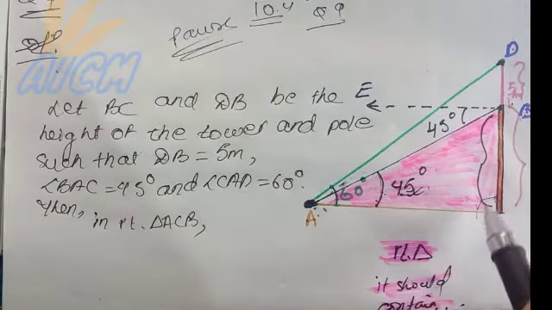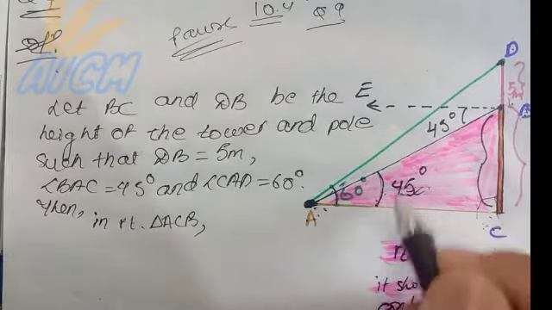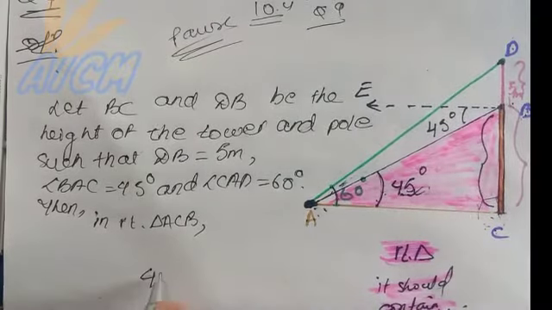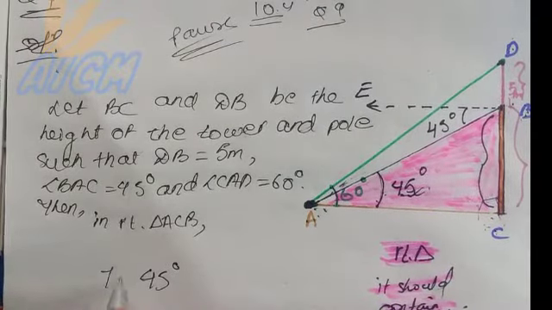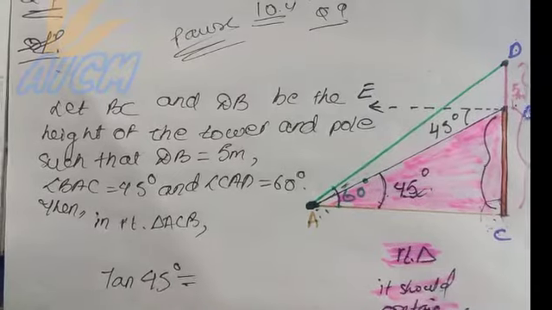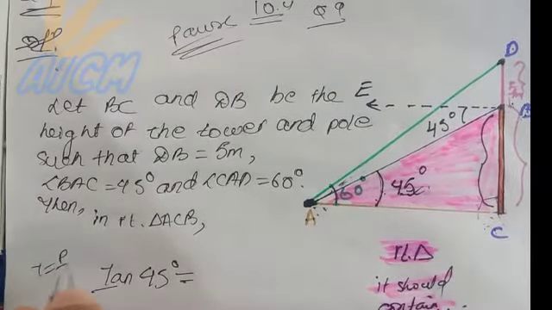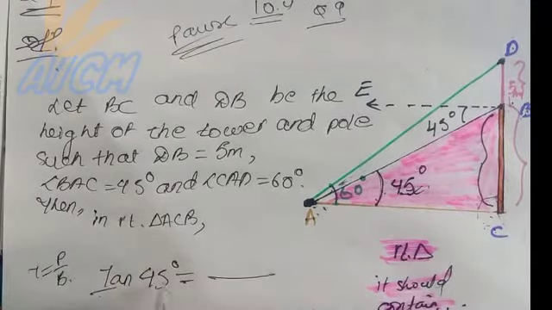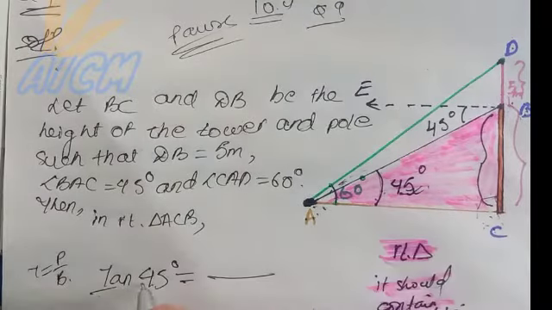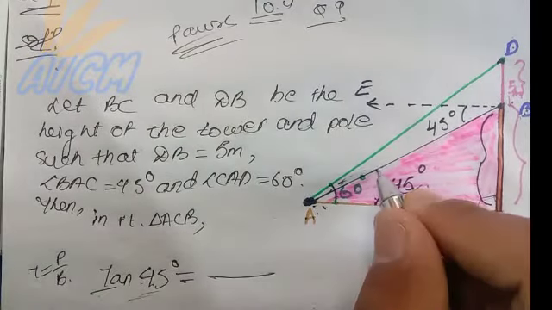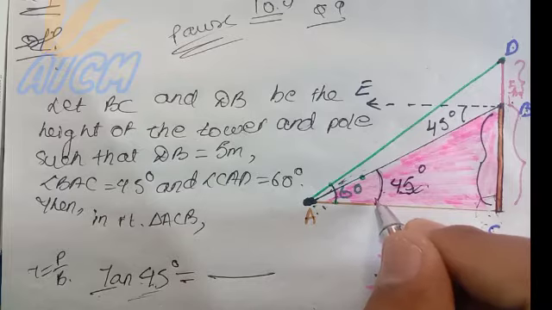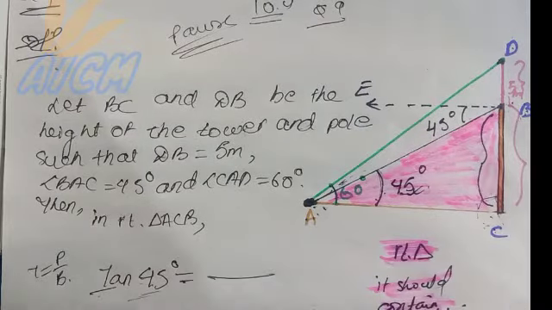We are going to take this 45 degree angle. So now let's write 45 degrees, and let's take tan, as we did before. Now what is tan? Tan is perpendicular by base. With respect to this 45 degree angle, which is angle A, what is the perpendicular?